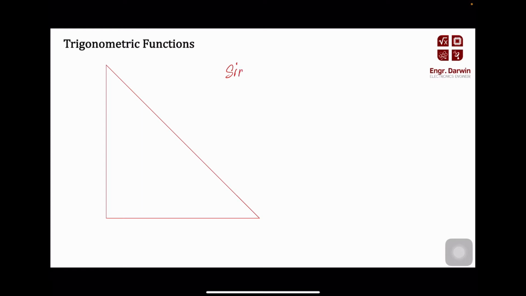Unahin natin yung tinatawag na sine function, or SIN.